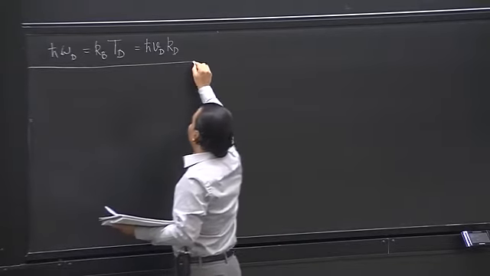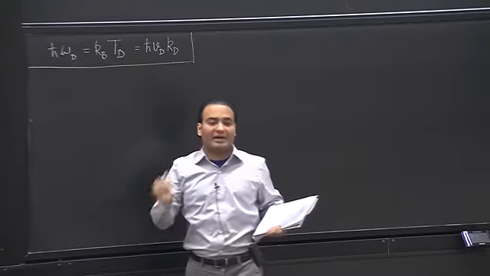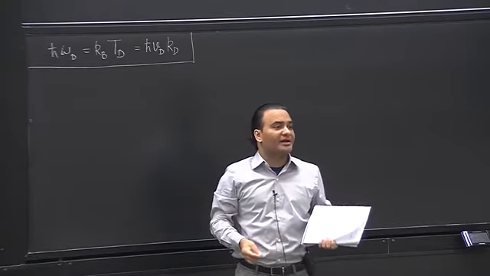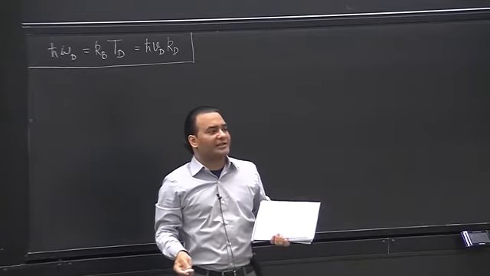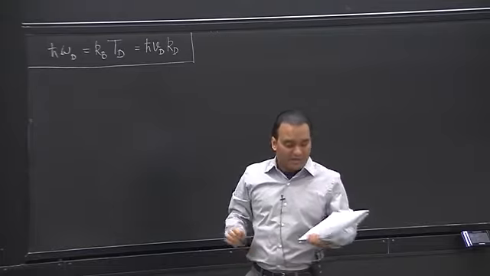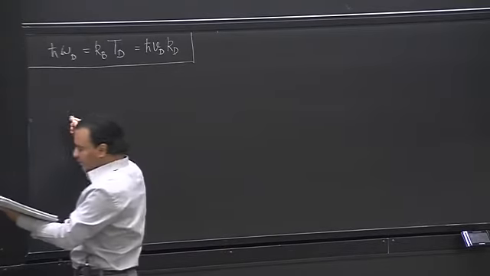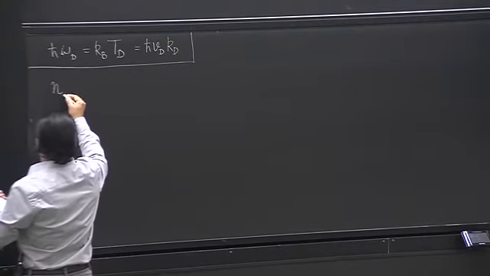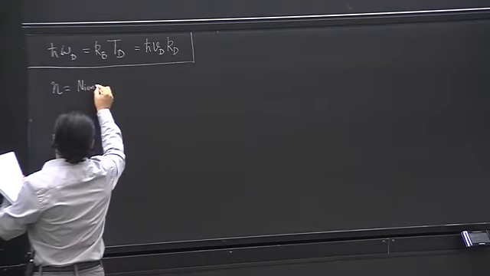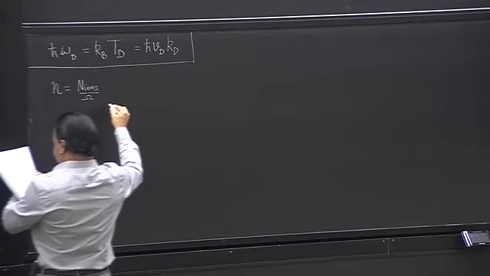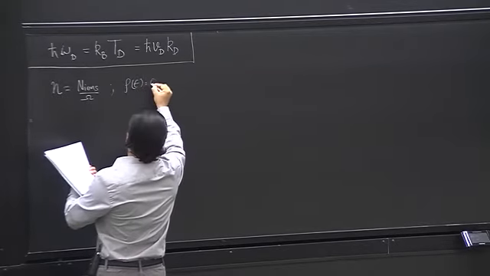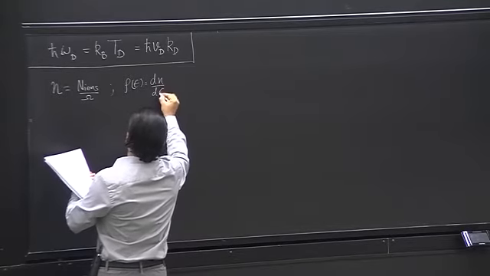Just like we define density of states for electrons, we can define density of states for phonons, and in the tutorial today you will do this exercise. Another useful formula is to first define the density, which is number of ions divided by volume, and then calculate the density of states using dn over dE.